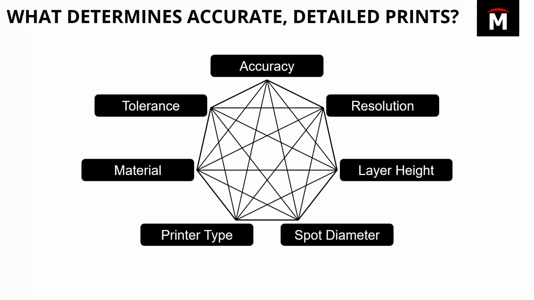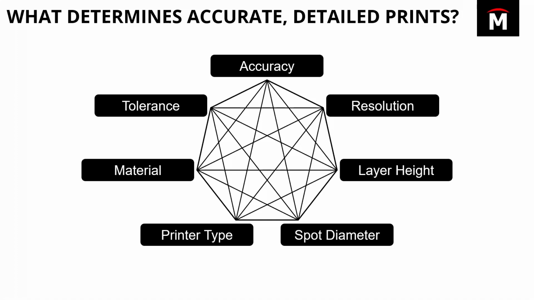You've got your layer height, the layer height at which you're printing your part, the spot diameter at which you're either curing that material or extruding and printing that part. You've got the type of printer that you're using, the material for that type of printer, and the tolerance that you're having to model in CAD to kind of counteract and work with that accuracy. So all these different factors are interconnected in this web.